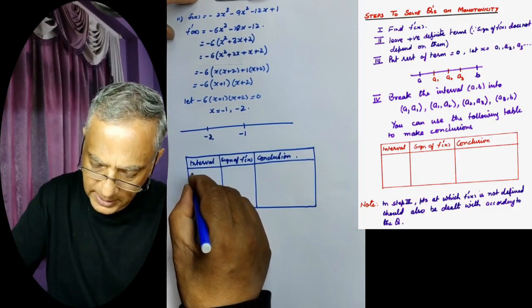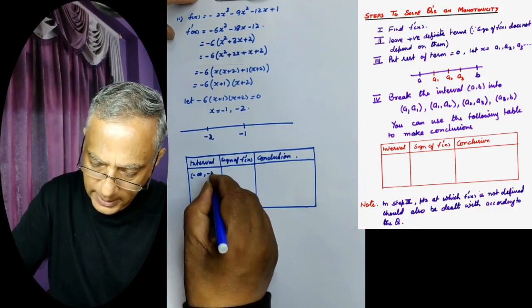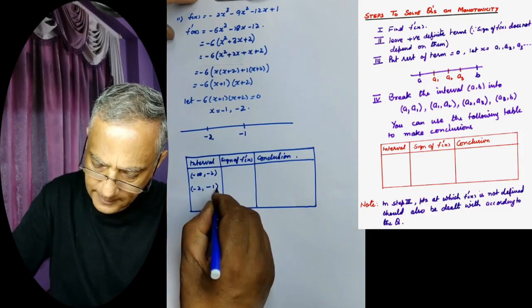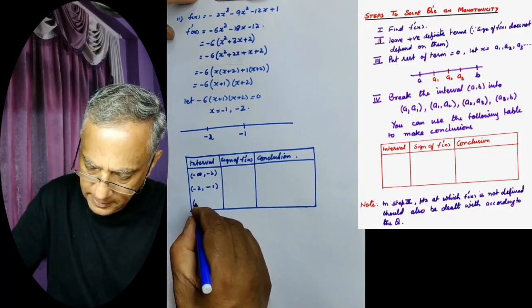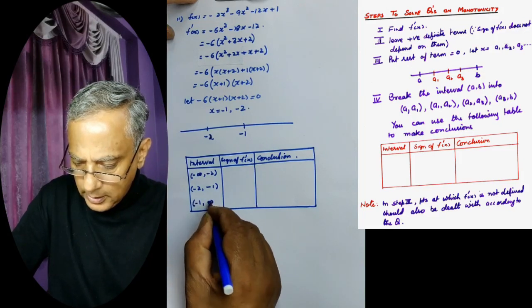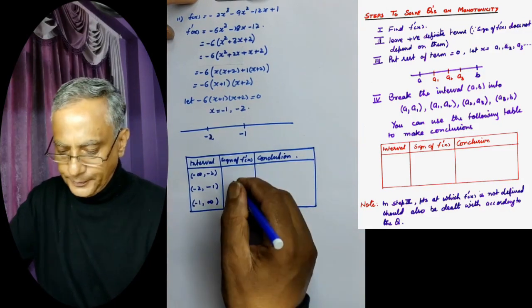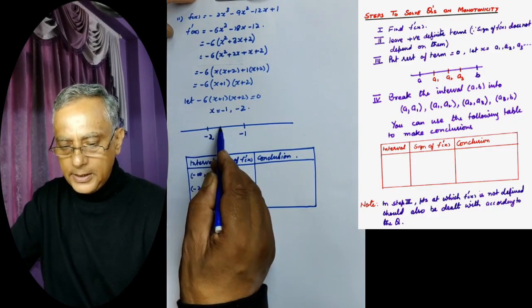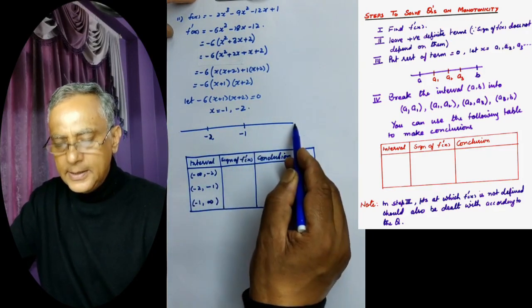Now the first interval is minus infinity to -2. Second is -2 to -1. Third is -1 to infinity. Now sign of f'(x): in each interval the sign of f'(x) is the same.